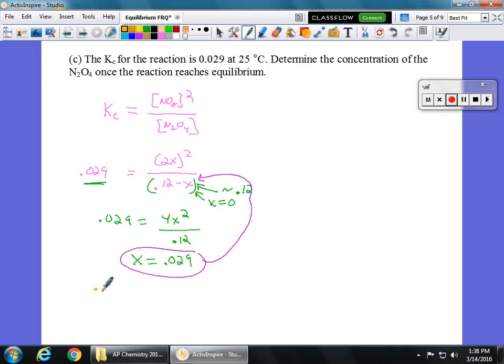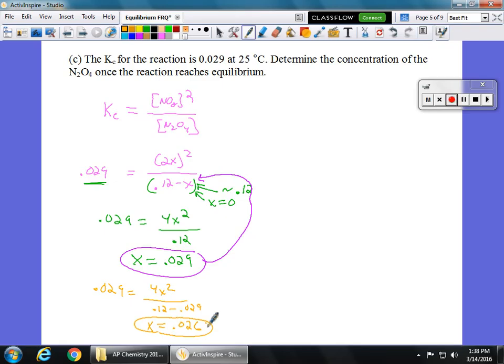So the 0.029, our K, is equal to 4x squared over 0.12 minus what we calculated x to be, which is 0.029. If you do that, you wind up with an x value, solving this expression, of 0.026. And that's the actual answer we found using the quadratic equation.